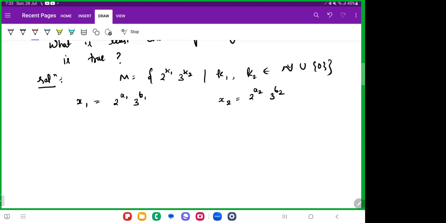So anything else? No idea? Okay, I should give some more hint, then you will proceed. So let's take x1 dot x2. What will it be? It will be 2 to the power a1 plus a2, dot 3 to the power b1 plus b2, right?